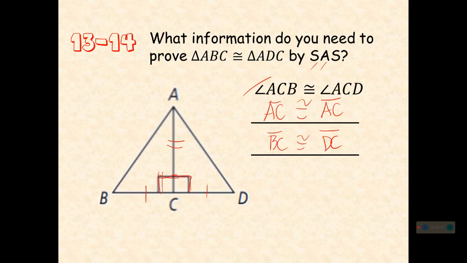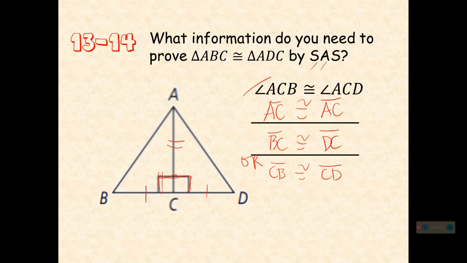So it is more correct if you have segment BC and segment DC instead of segment BC and segment CD. Or if you want to have segment CB, so the other segment should be segment CB. Okay? So again, this is another answer.